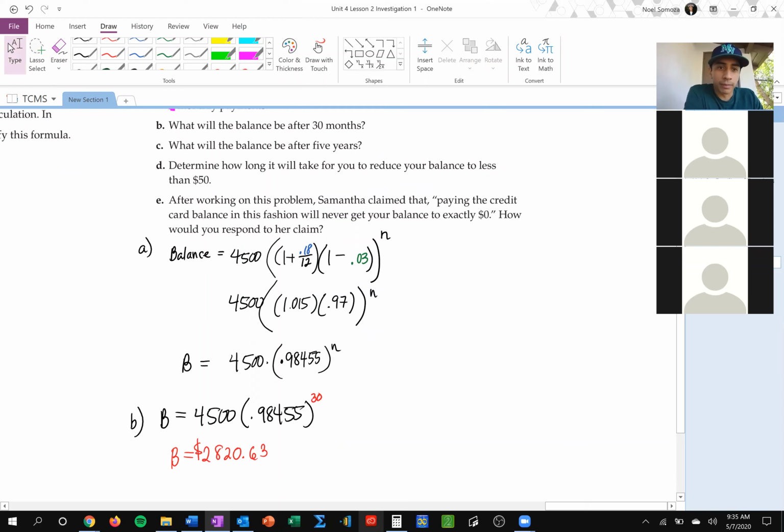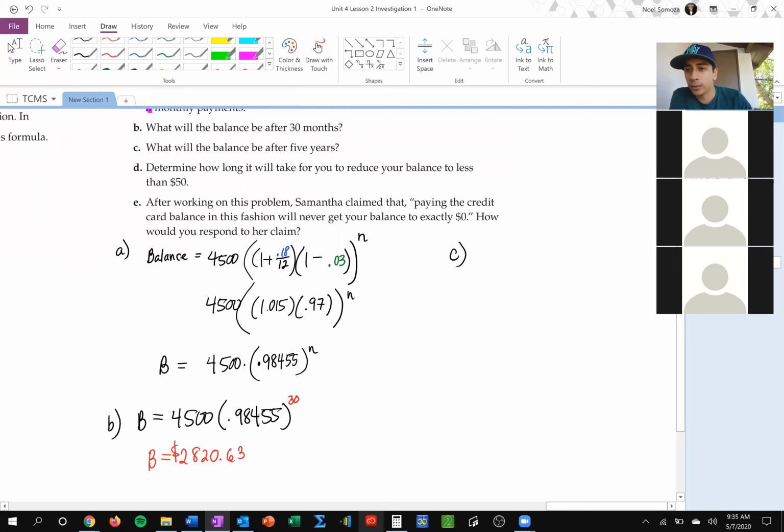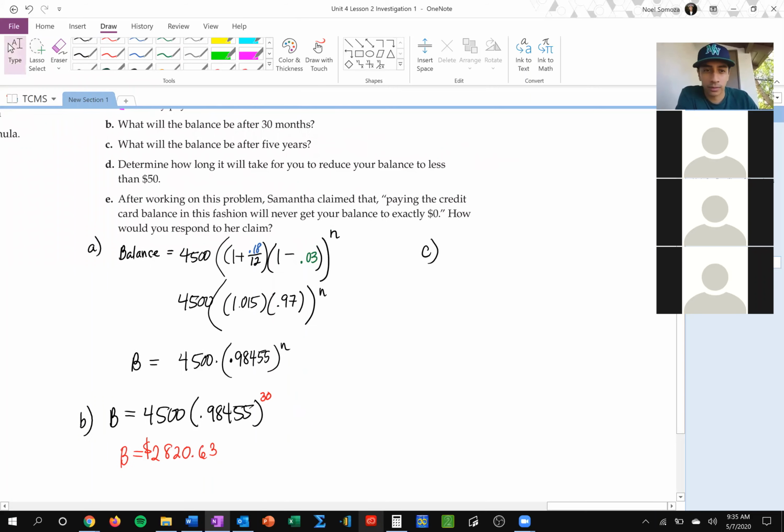What will the balance be after 5 years? In that case, it's just a change of language type of problem. It's part C. After 5 years, we're looking at 12 months per year, so that's a minimum of 60 payments. So we want B equal to 4,500 times 0.98455 to the 60th power this time, because 5 years is equal to 60 months.